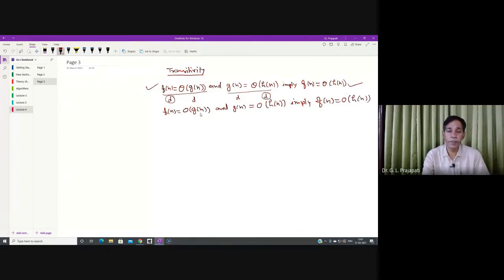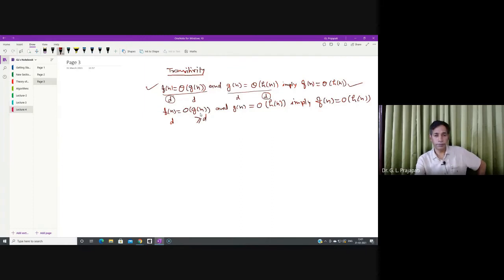We can verify. If you are claiming that f of n is big O of g of n, this means if the degree of this polynomial is d, then the degree of g of n should be greater than or equal to d, because we know that the big O notation may or may not be tight, but the degree must be at least d.